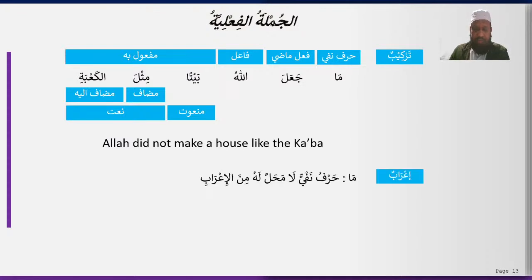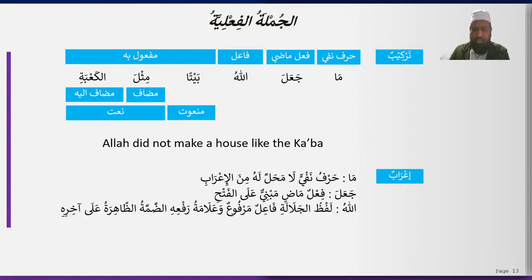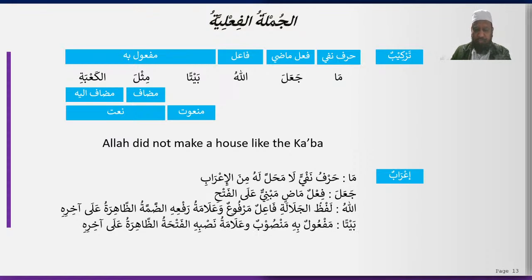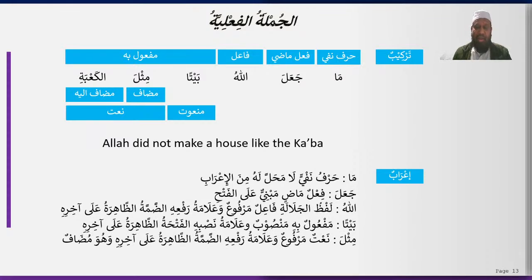ما حرف نفي لا محل له من الإعراب. جعل فعل ماض مبني على الفتح. الله لفظ الجلالة فاعل مرفوع وعلامة رفعه الضمة الظاهرة على آخره. بيتا مفعول به منصوب وعلامة نصبه الفتحة الظاهرة على آخره. مثل نعت مرفوع.